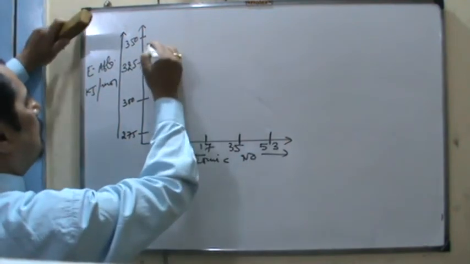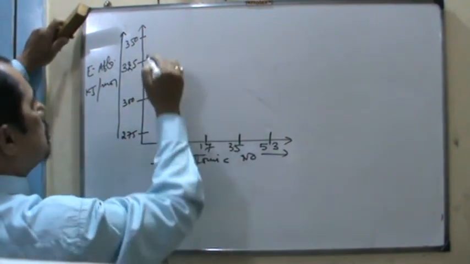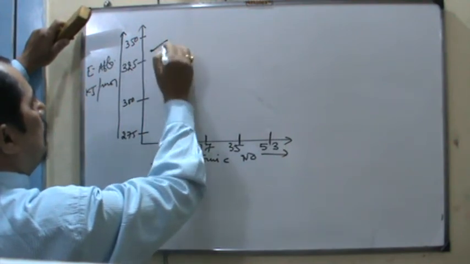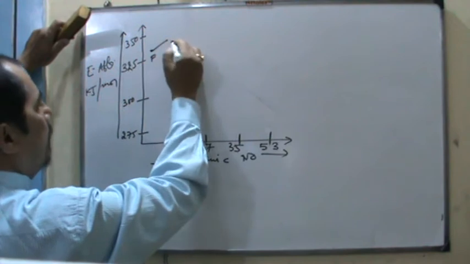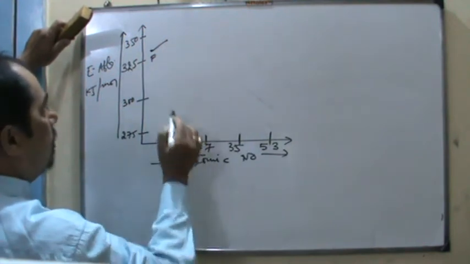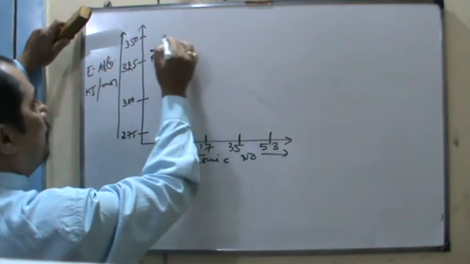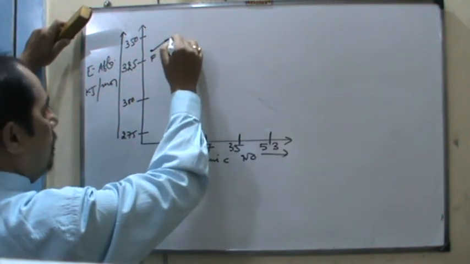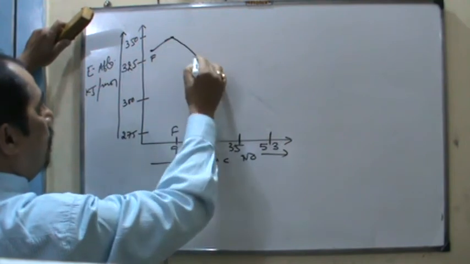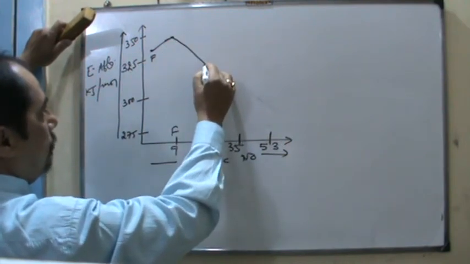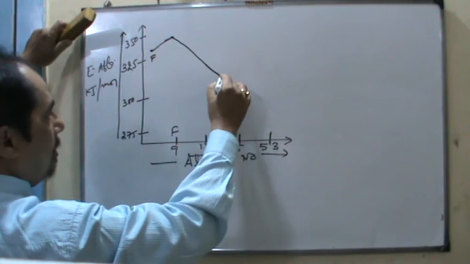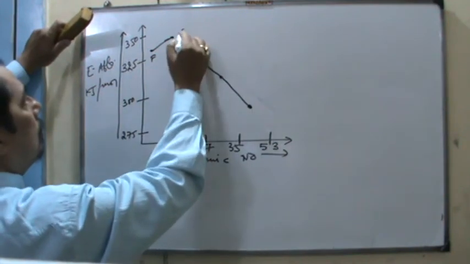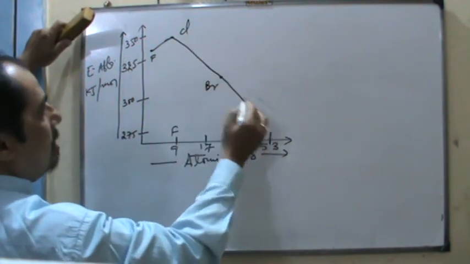So dear students, approaching 350 is the case of chlorine, then 325 is the case of bromine, and then the case of iodine. Fluorine, chlorine, bromine and iodine.